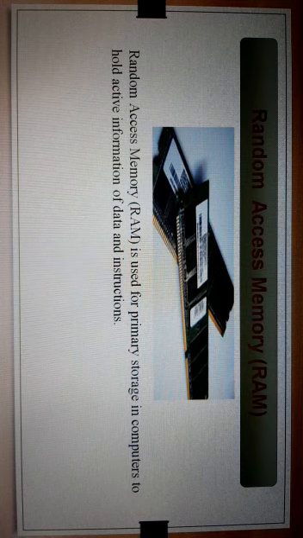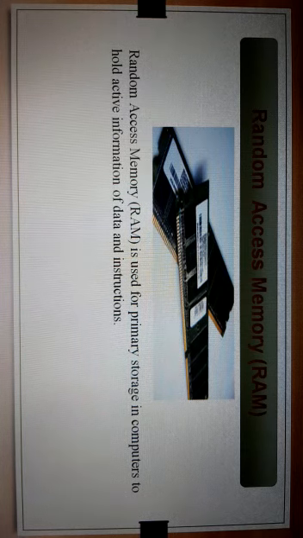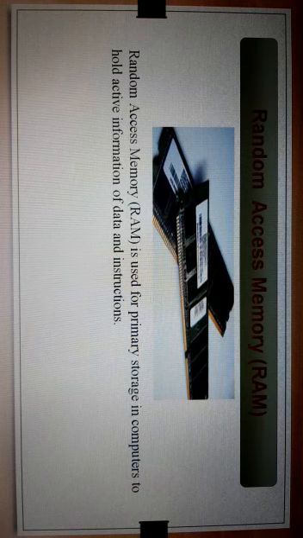Random access memory is used for primary storage in computers to hold active information, data and instructions. In ROM, you cannot store any data, but in RAM you can.